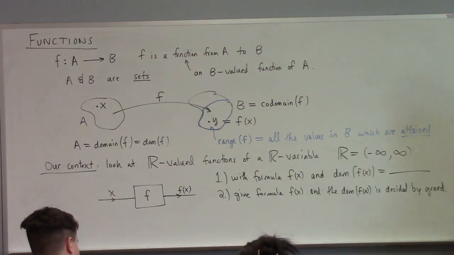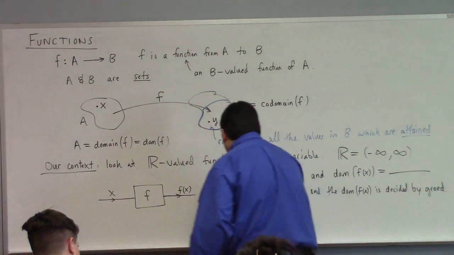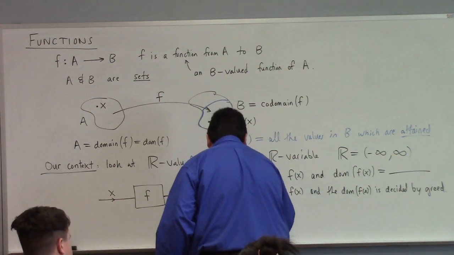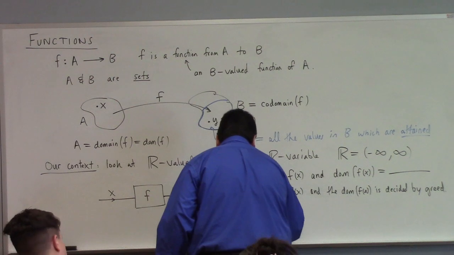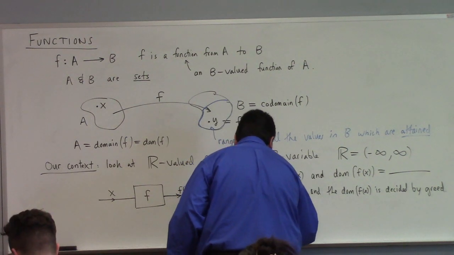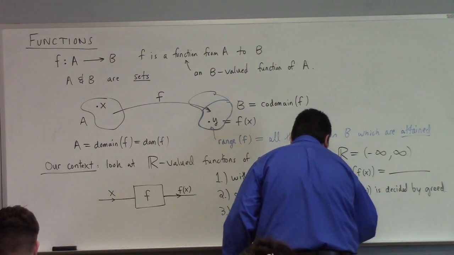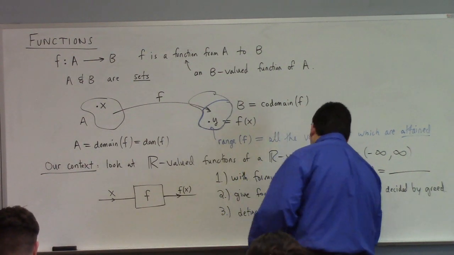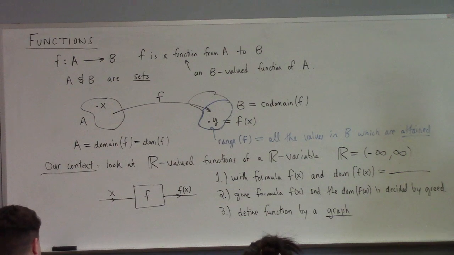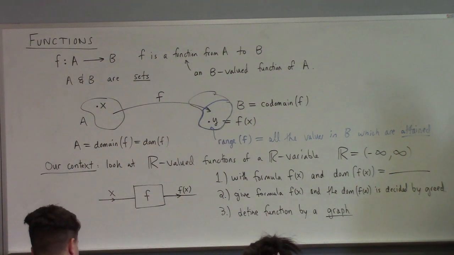The third thing, and I think of 1 and 2 almost as the same thing, is we can define a function by a graph. Now, what's a graph? Let me give you a definition.